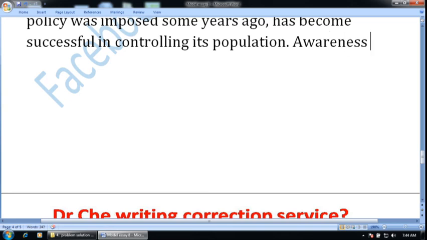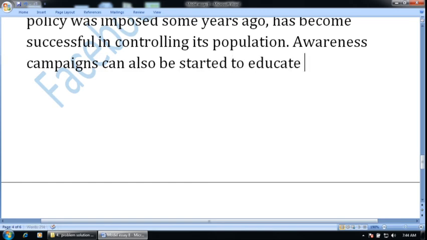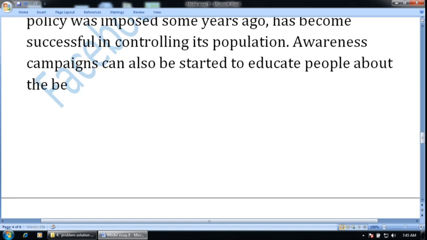Awareness campaigns can also be started to educate people about the benefits of small families.